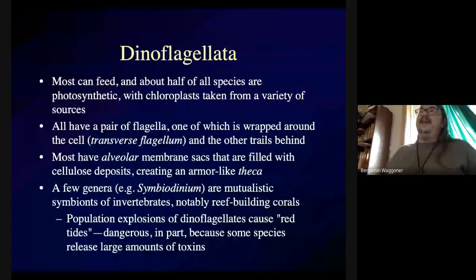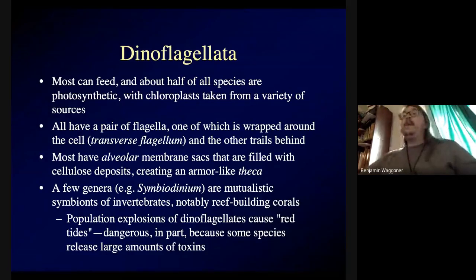Many of them have chloroplasts that used to belong to green algae. It's called kleptoplasty. There's a number of cases where one protist group has taken chloroplasts from another protist group, probably by engulfing them and then retaining the chloroplast in their own cell. It's kind of weird, but they can do that.